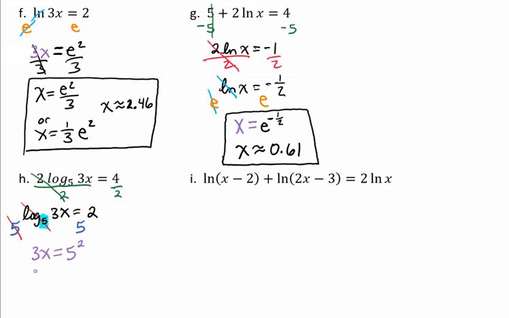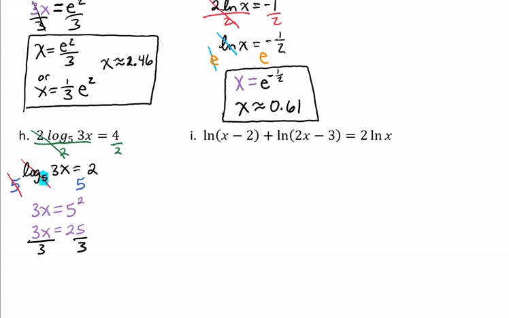So we have 3x equals 25, and we divide both sides by 3, which gives us x equals 25 over 3.